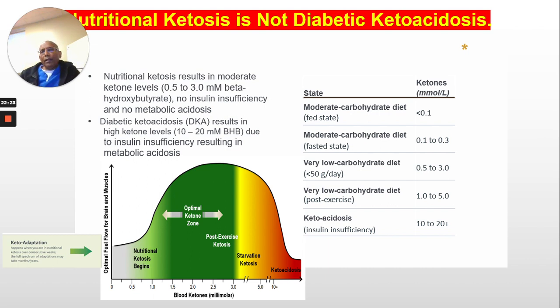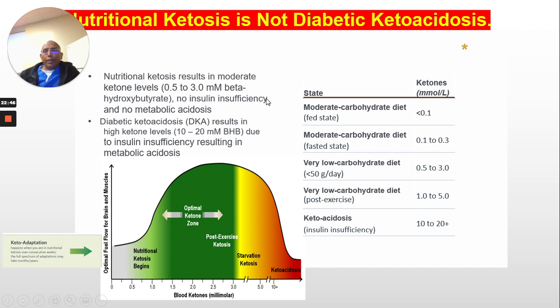So let's talk about this concept of nutritional ketosis. It concerns blood ketone, a measurement of beta-hydroxybutyrate, which is one form of ketone. I'll show you the different ketone molecules, but here it is 0.5 to 3 millimoles.